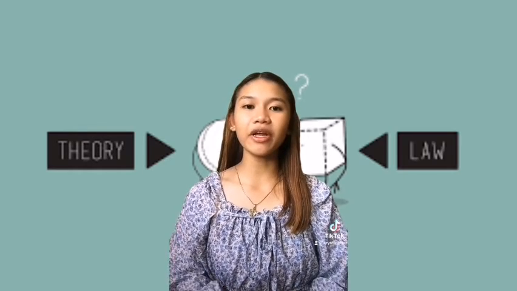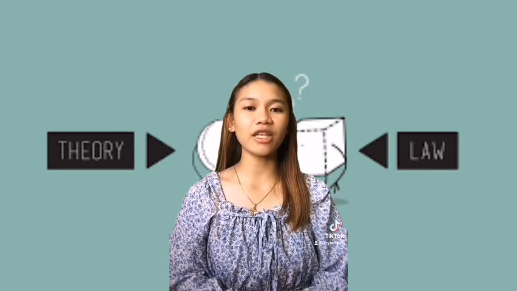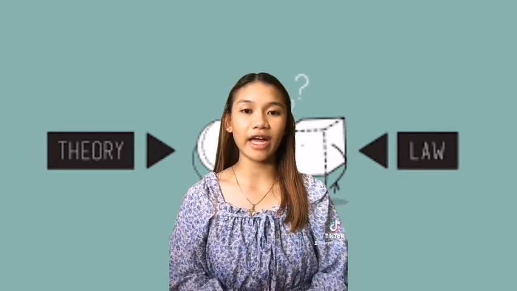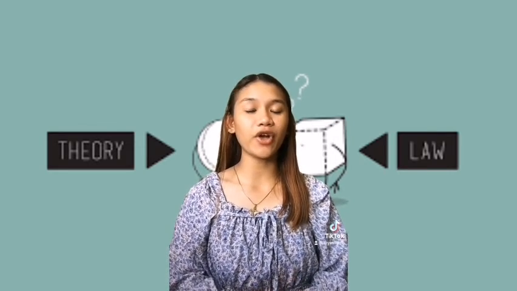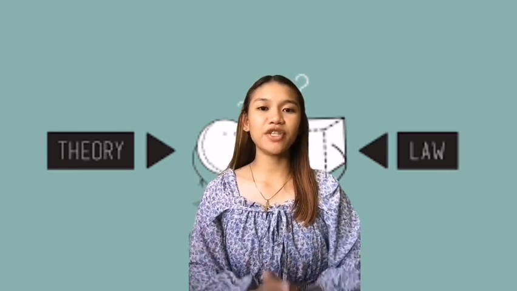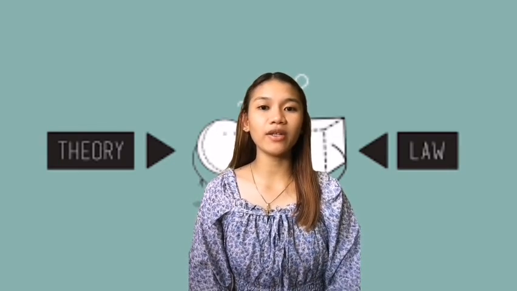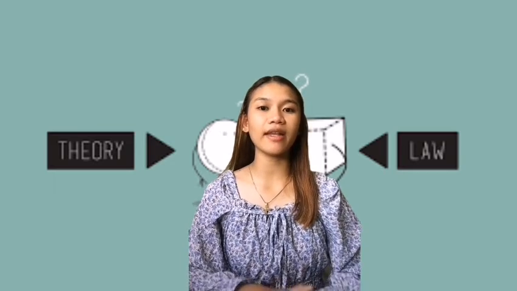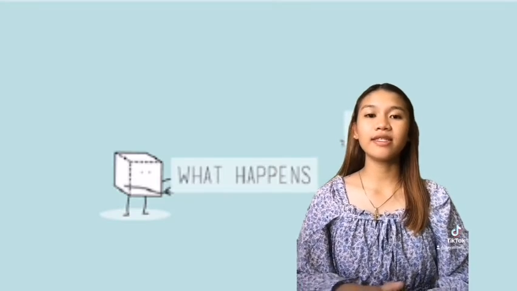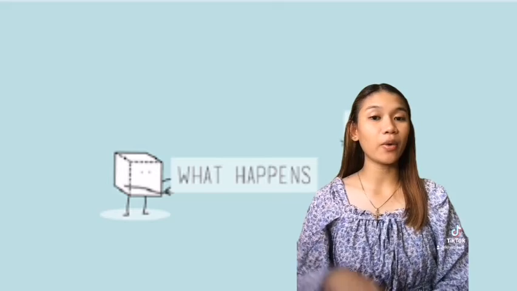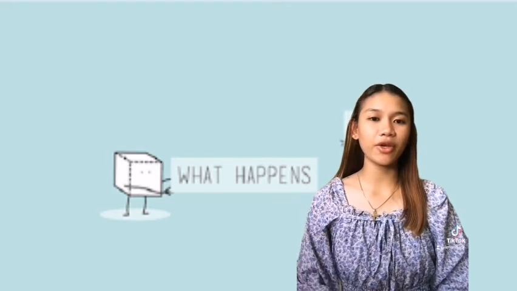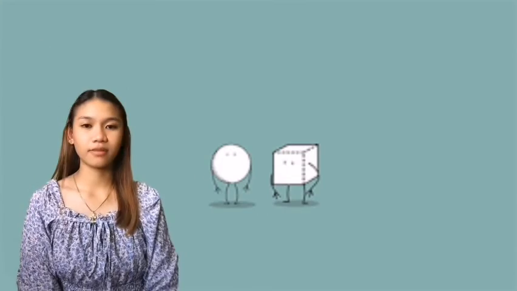A theory may use gravity to explain the parabolic flight of a baseball, or dominant and recessive genes to explain how brown-haired parents produce a red-headed child. In simplest terms, a law predicts what happened while the theory proposes why.